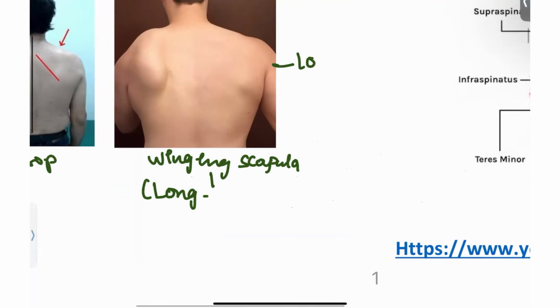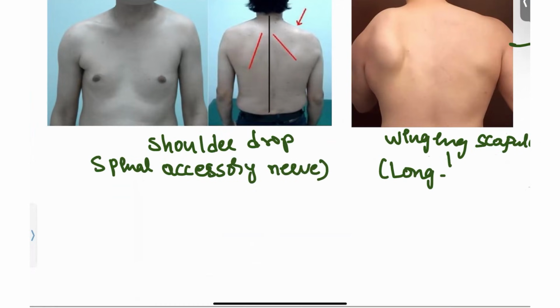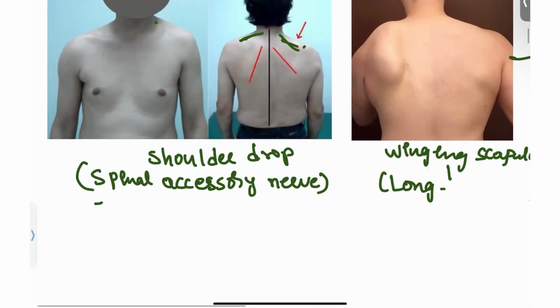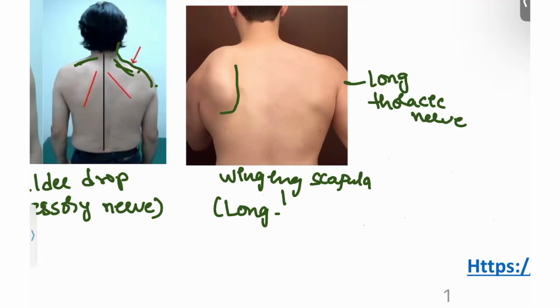Next, for the shoulder drop, the culprit nerve is the spinal accessory nerve, because the spinal accessory nerve innervates the trapezius muscle, right? Due to weakness of the spinal accessory nerve, the patient has a clear shoulder drop. Whereas in winging of the scapula, the nerve involved is the long thoracic nerve.